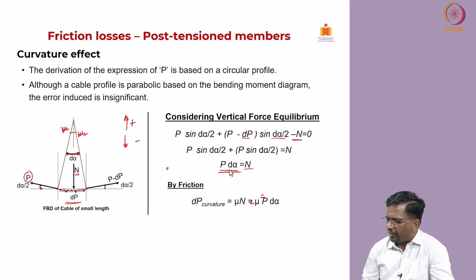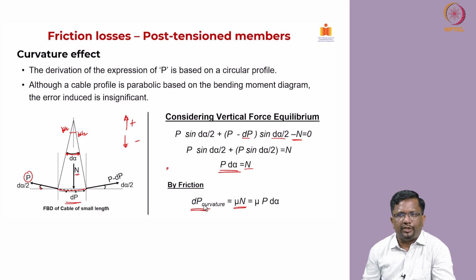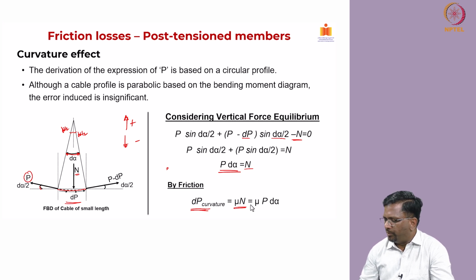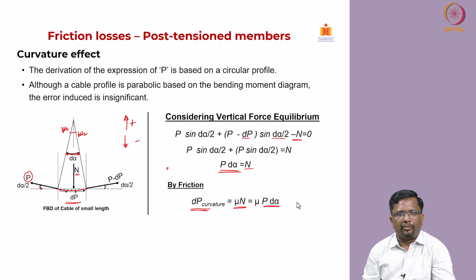Now, I can find a relationship, right. dP is nothing but, we know, going to be mu into N. Now that I know the relationship between N and P dα, we can write that the friction force that is lost to dP due to curvature is nothing but mu into P dα. Okay. Very simple derivation using the free body diagram of the cable.